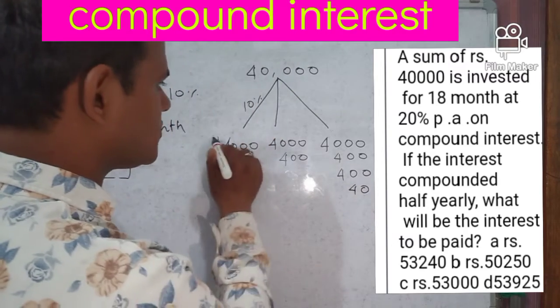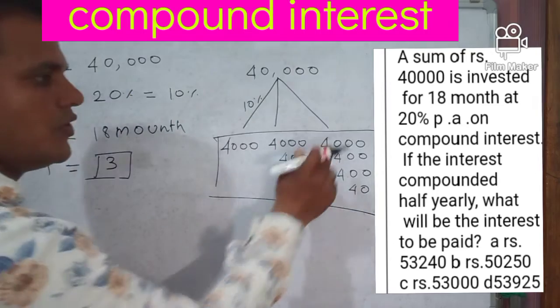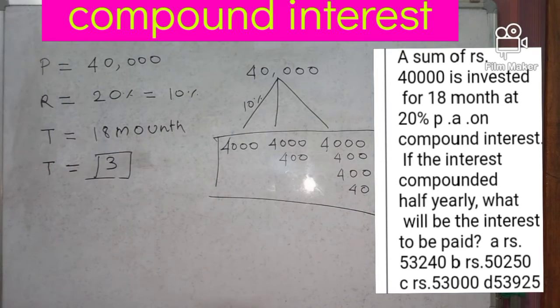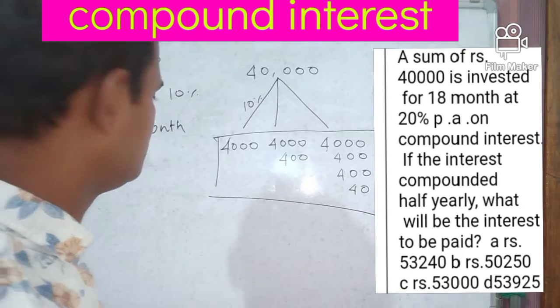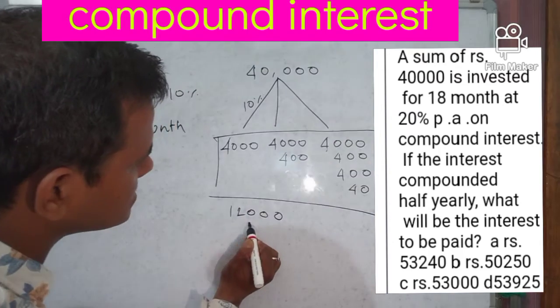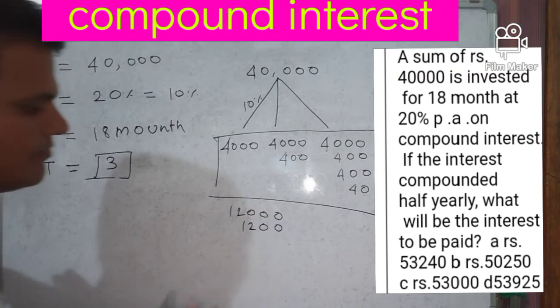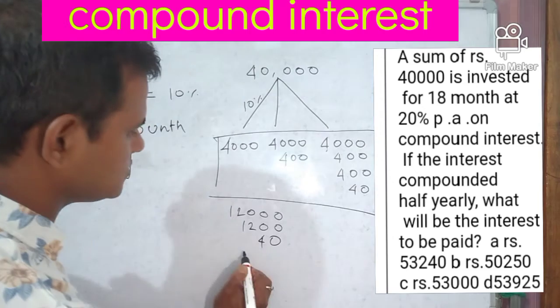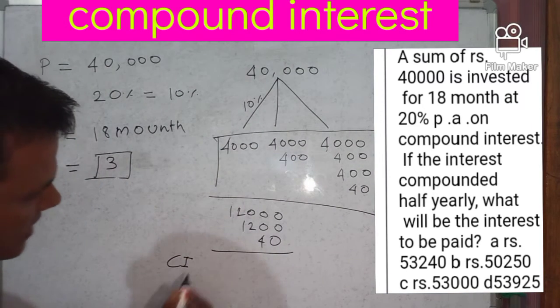So in total, in this area 4,000, 4,000, 4,000, it will be 12,000. Okay, 400, 400 and 400, so 12,000 plus 1,200 plus 40. So this is our compound interest, right?